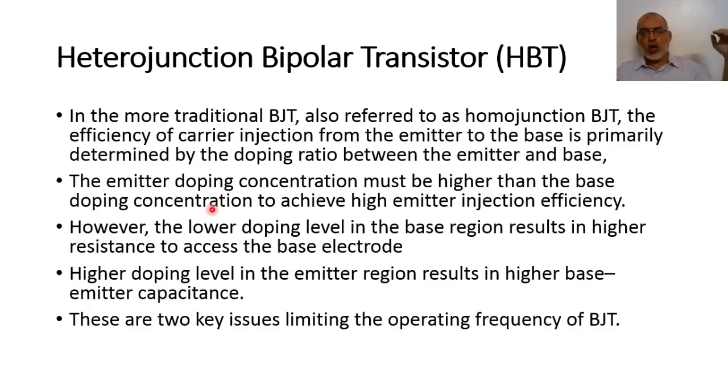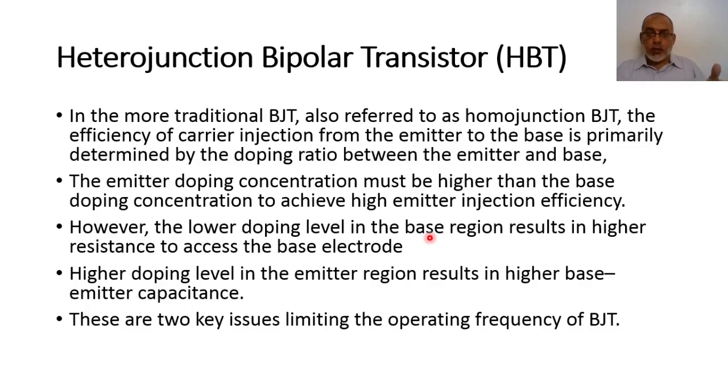So the current is going from the emitter to the base, injection from the emitter to the base. However, a lower doping level in the base region results in higher resistance to access the base electrode. So in this case, the resistance of the base is high.